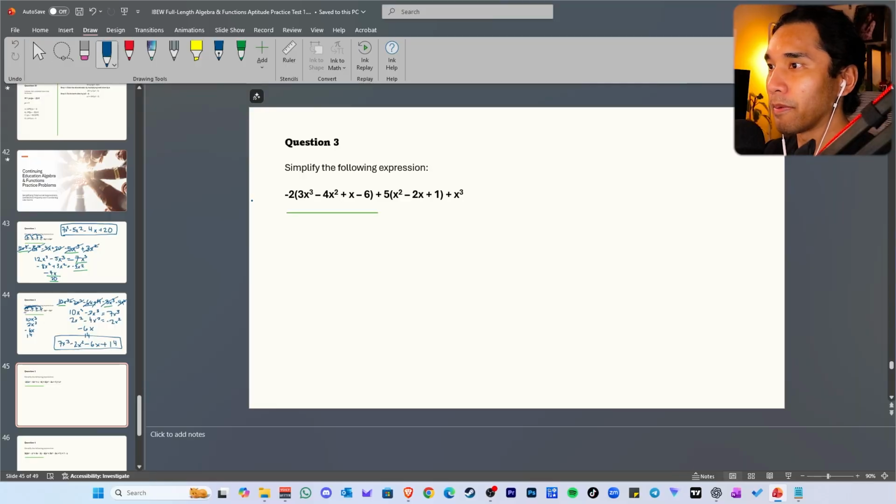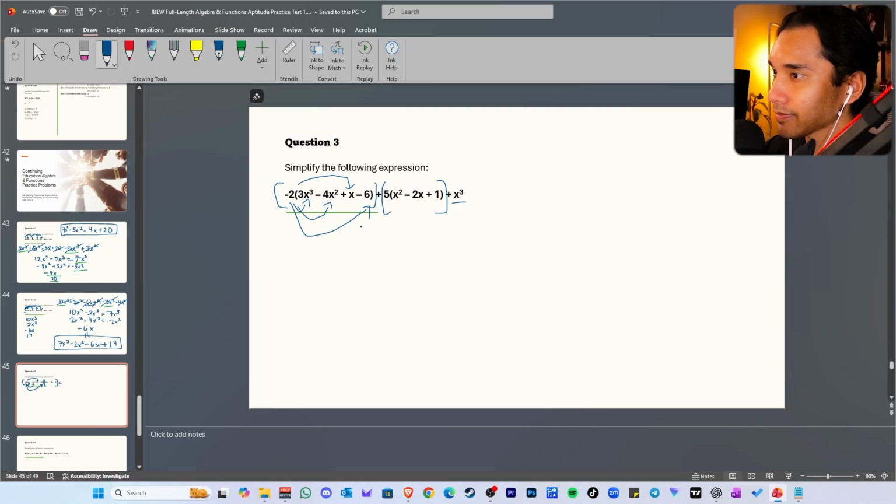So how I would mentally think about this is there's two problems going on, right? Two problems. And then we have this bad boy right there. So two things going on. So the first bracket, okay? The first bracket, I would distribute the negative 2x to the 3x cubed, to the minus 4x squared, to the x, and a negative 2 times a negative 6.